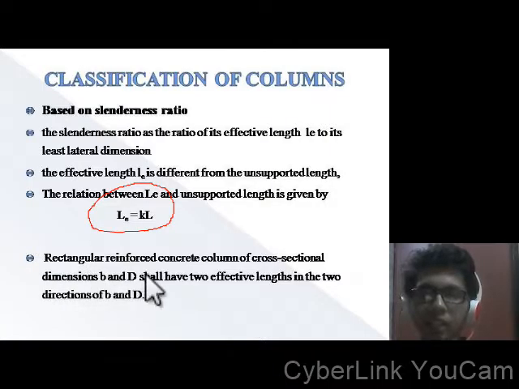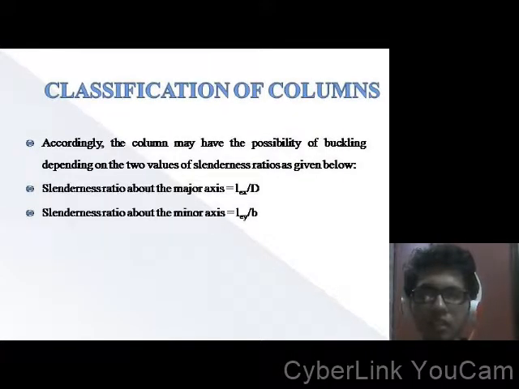A rectangular reinforced concrete column of cross-sectional dimensions B and D shall have two effective lengths in the two directions. Accordingly, it can have the possibility of buckling depending on the two values of slenderness ratio.